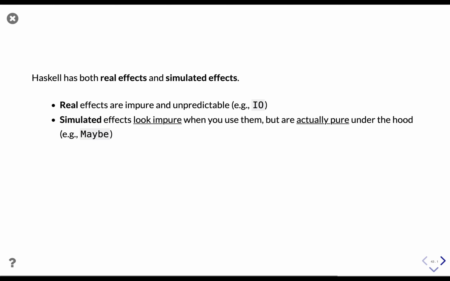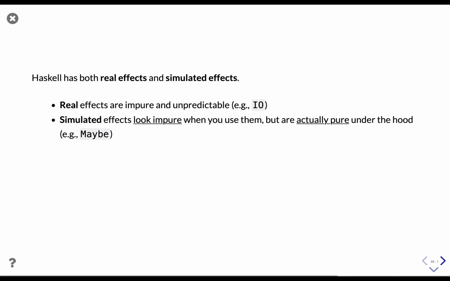For example, the maybe type that we just saw. Simulated effects look impure because the computations are hidden from us behind types and operators. So from the point of view of the user of those types and operators, it looks like they are running side effects, but it's actually pure code that they cannot see.